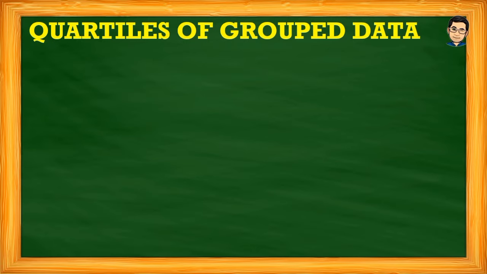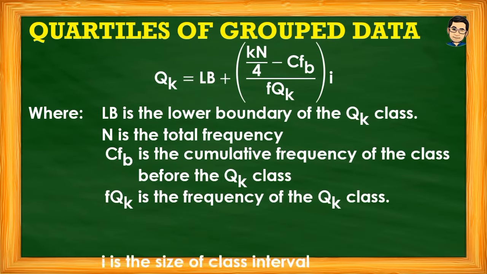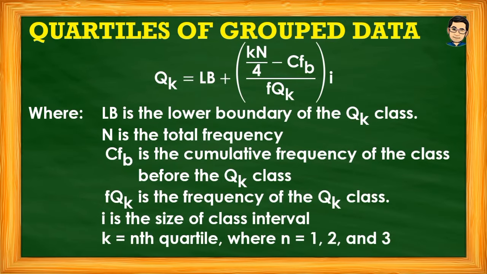So before we proceed to our example, let us have the formula in order to determine the values of the lower and upper quartiles of grouped data. Ayan. So para mas guided kayo, ano nga ba yung mga variables, yung mga letters na nakikita nyo dun sa formula ng ating quartiles.